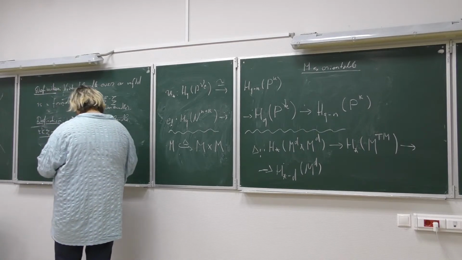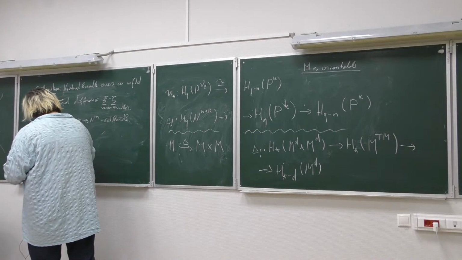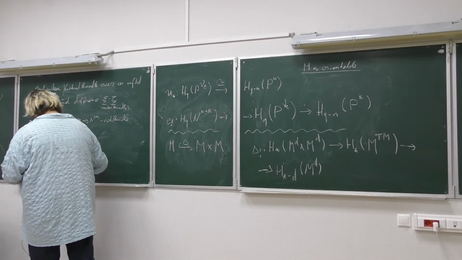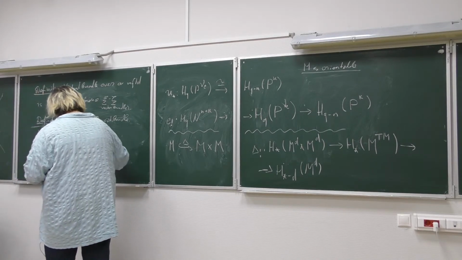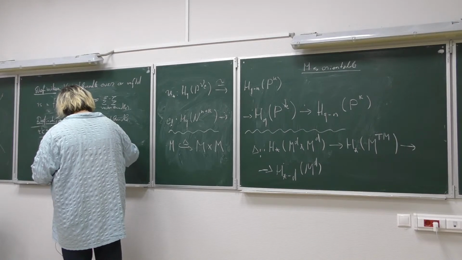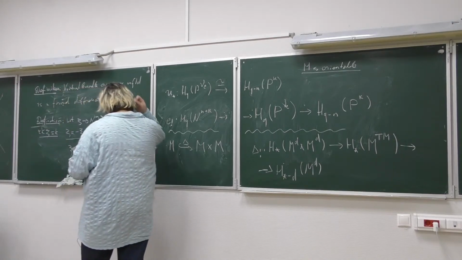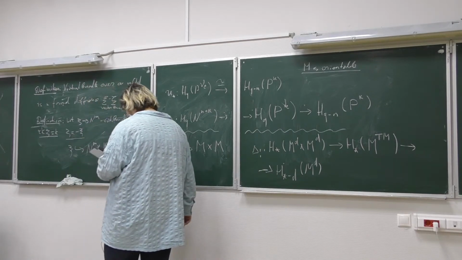Then, in order to construct a Thom space, we just embed psi into a product of M together with a sufficiently large real vector space.